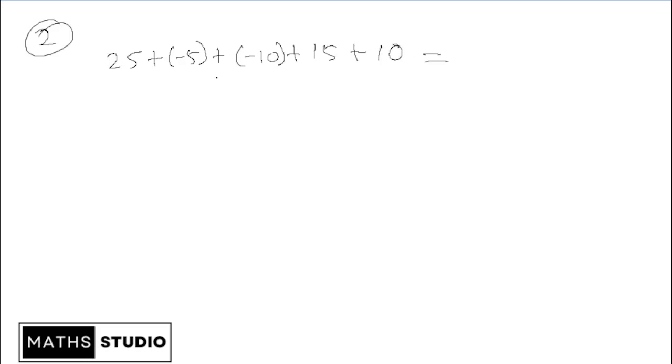So what is the total? 25 minus 5 will be 20. Plus minus 10 is overall 10. Plus 15 plus 10. Plus 10 minus 10 cancels each other. So we are left with 35. Okay.